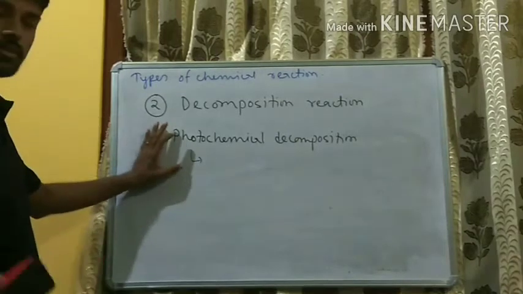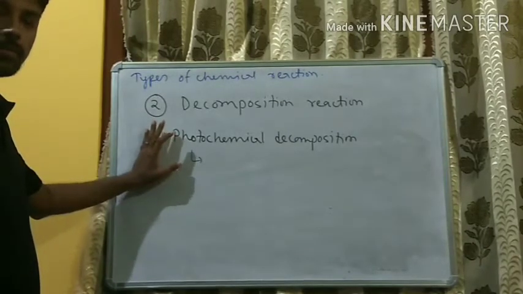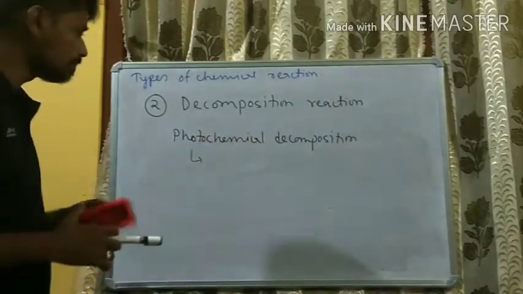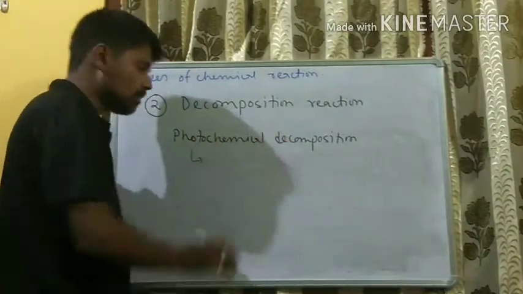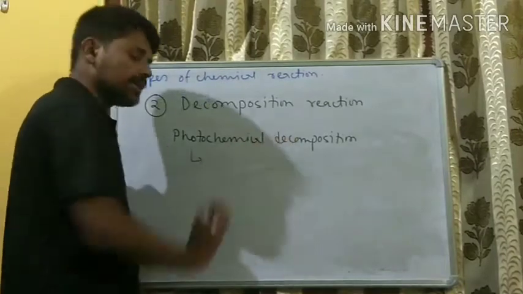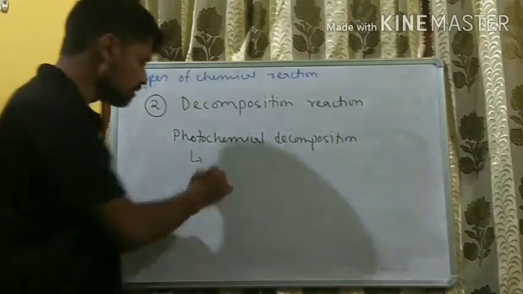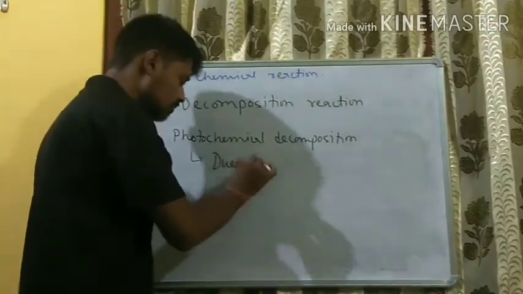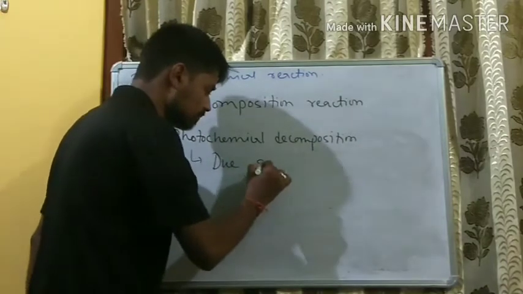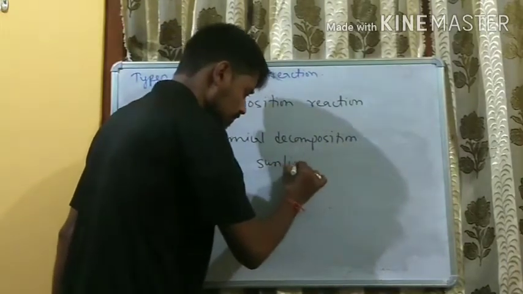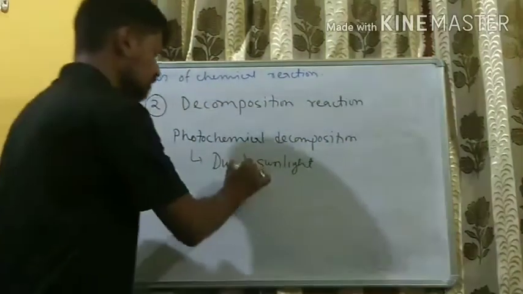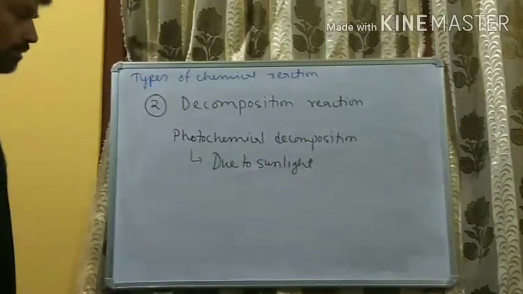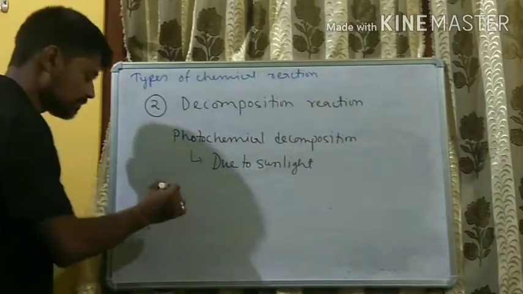This happens in some particular kind of element only. So photochemical decomposition is the decomposition reaction which is done due to the presence of sunlight.